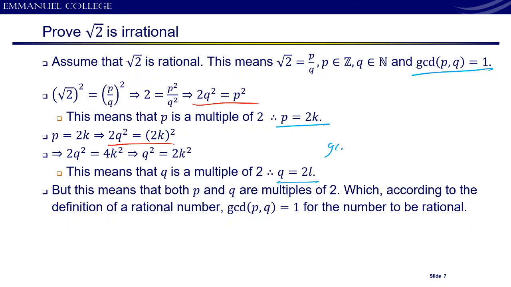Because now the greatest common divisor of 2k and 2l is 2, which does not equal 1. Not the most profound statement, but it's what proves the square root of 2 is irrational. Because now I've contradicted my statement of it being rational because it's not actually met the definition of being rational.